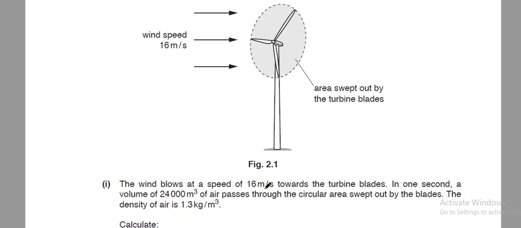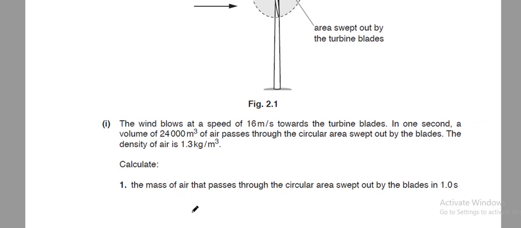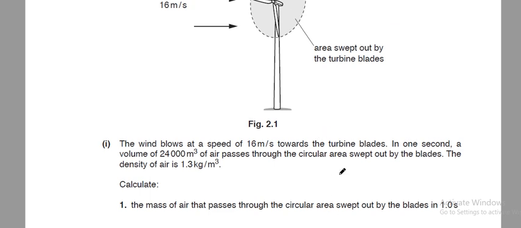Wind blows at speed 60 meters per second towards turbine blades. In 1 second, a volume of 24,000 meter cube of air passes through the circular area swept out by the blades. The density of air is 1.3 kilogram per meter cube. Calculate the mass of air that passes through the circular area swept out by the blades in 1 second.